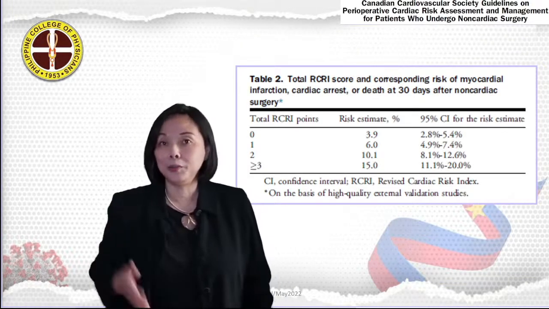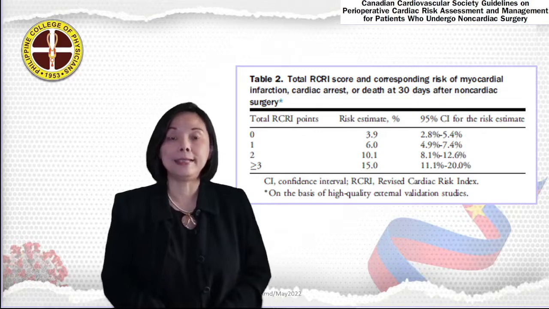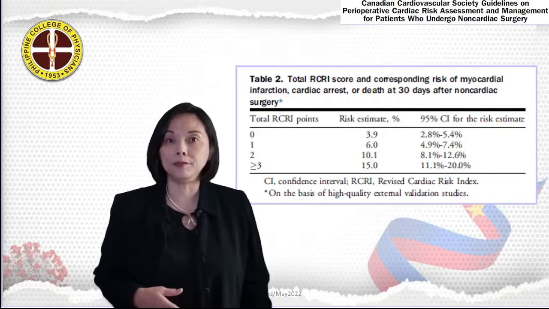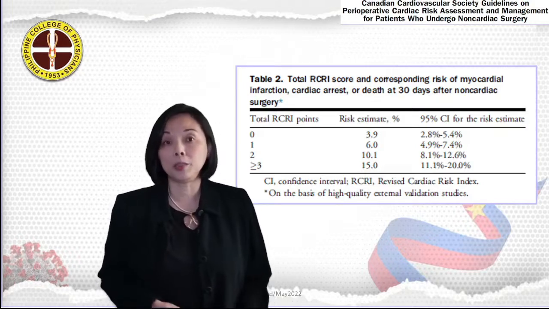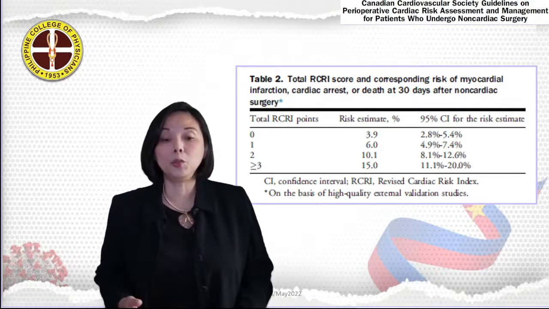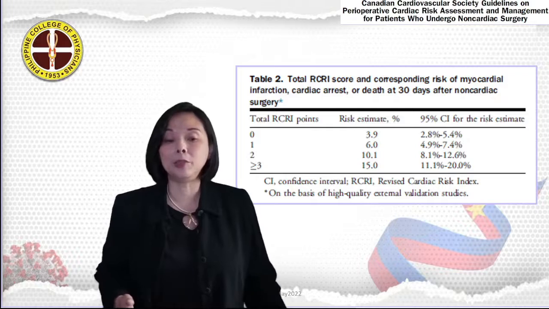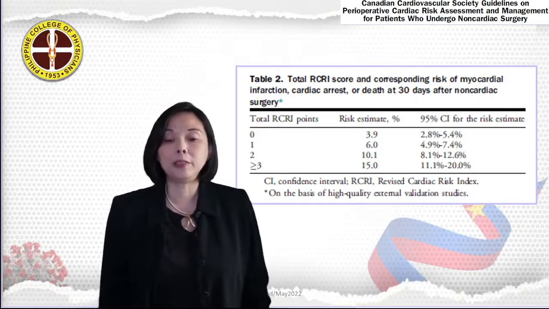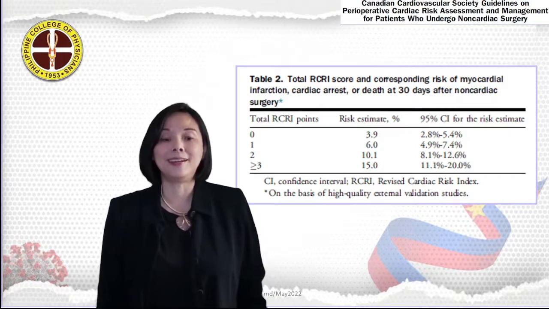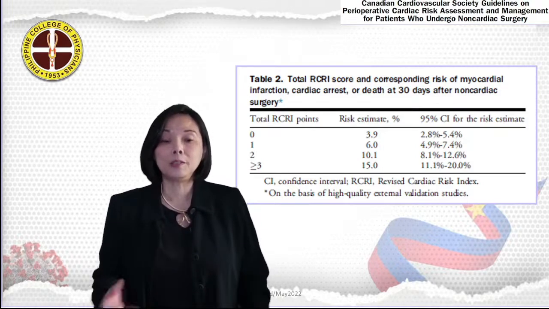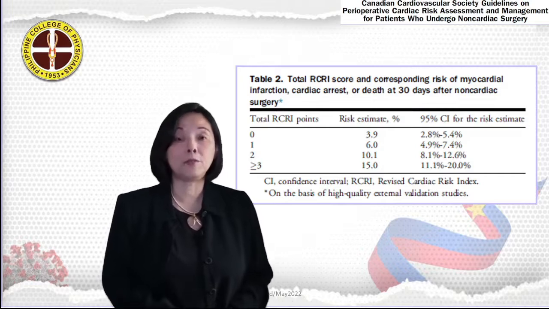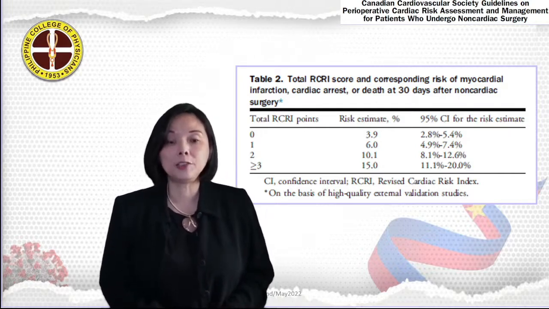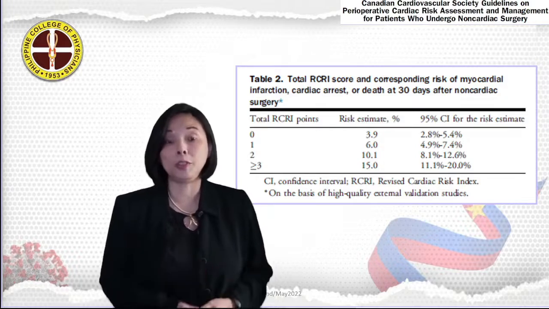Now, the original paper was published in the late 1990s, so a review of RCRI validation studies over a 15-year period was published in 2017. The review included studies that systematically monitored perioperative troponin measurements and reported event rates for the various RCRI scores. The results showed higher risk estimates for MI, cardiac arrest, and death at 30 days after non-cardiac surgery when compared to the original data.